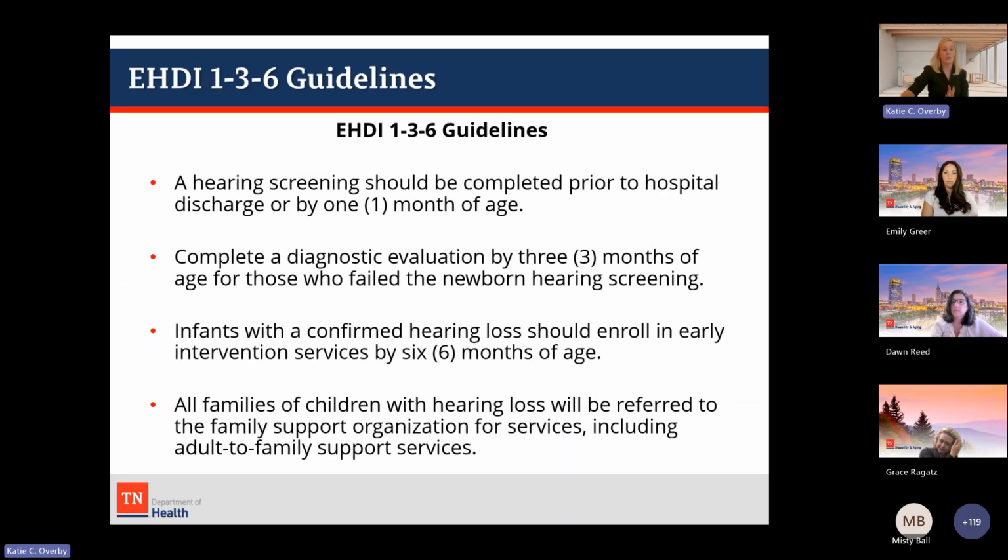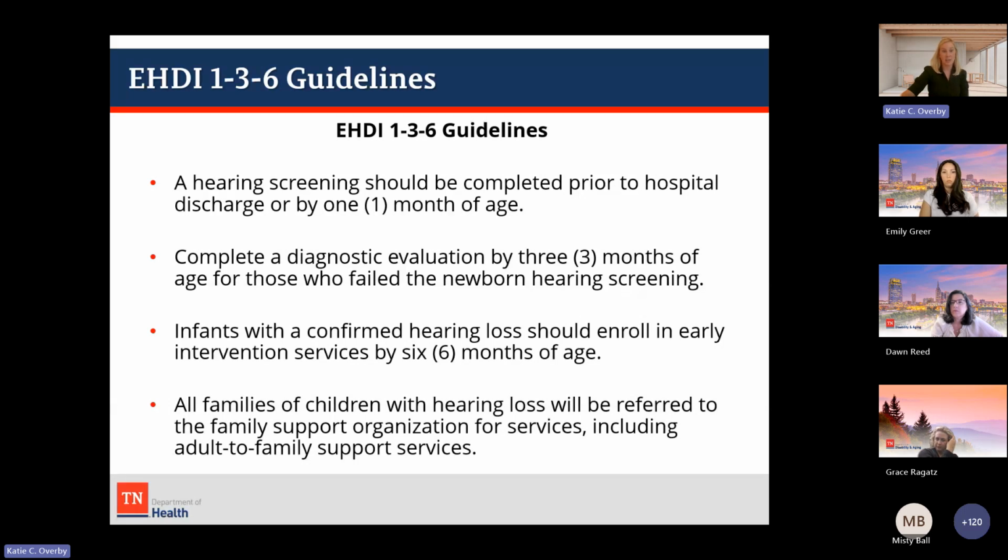So EHDI, or the Early Hearing Detection and Intervention Program, we have 1-3-6 guidelines. So by 1 month, we want to have all children screened. We want to at least know whether they pass or fail a screening. By 3 months, if they fail either ear, we want to have a diagnostic hearing evaluation.